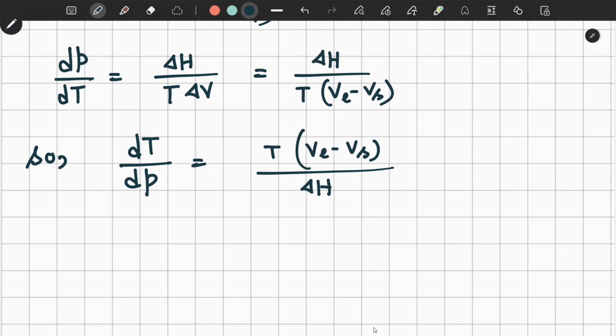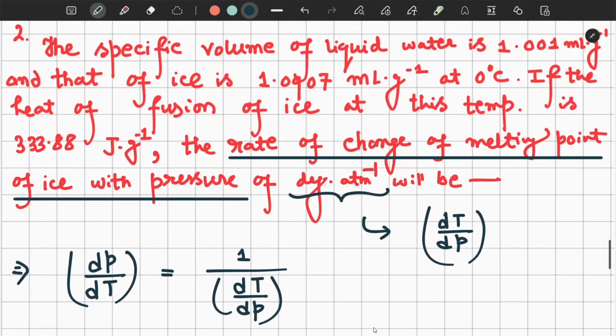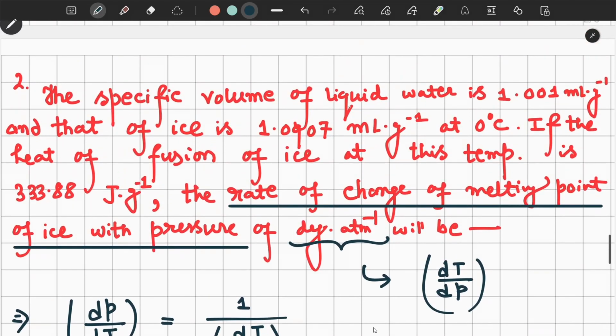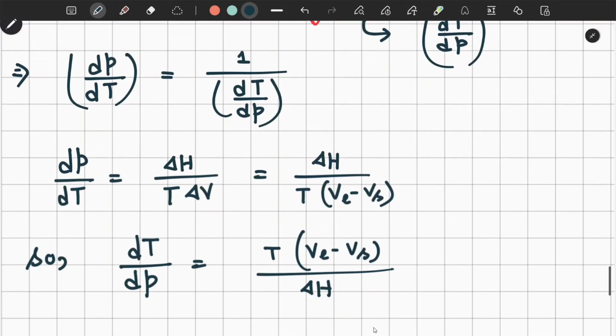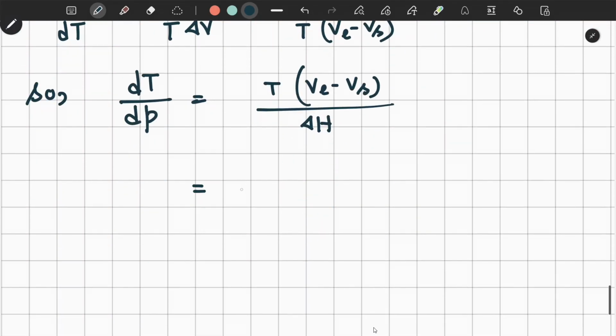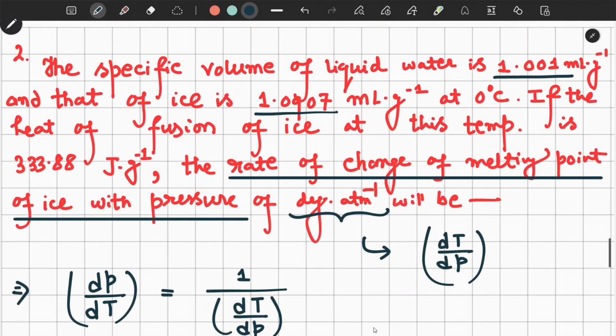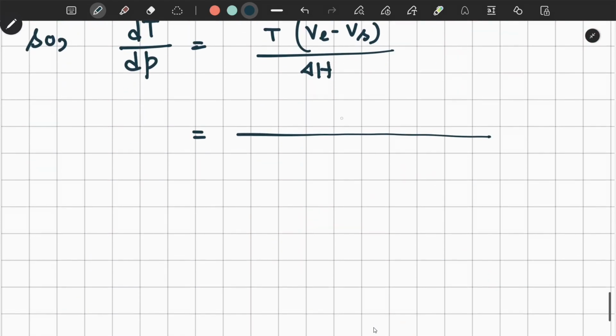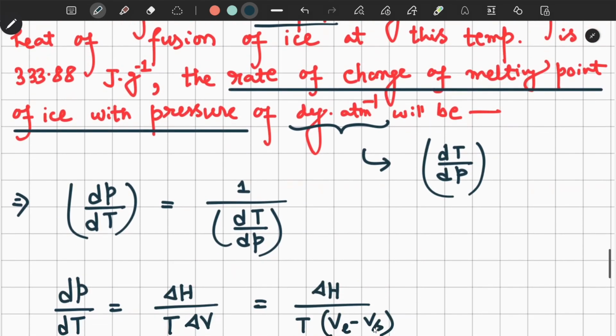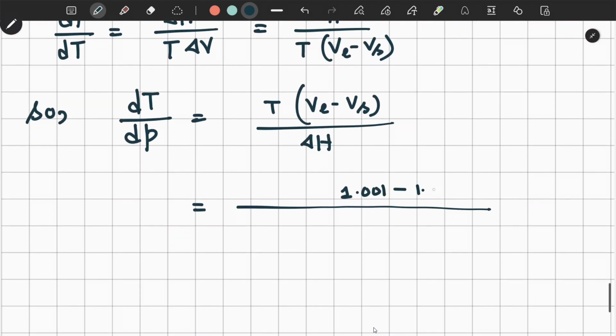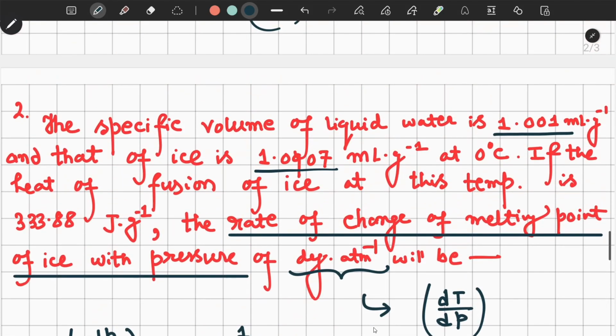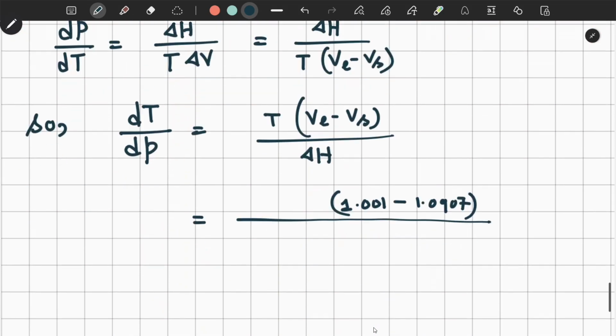Now look at the data that is given. Specific volume of liquid is given, ice is also given. So just put it in. For liquid it is 1.001 minus, for solid it is 1.0907, and the unit is ml per gram.